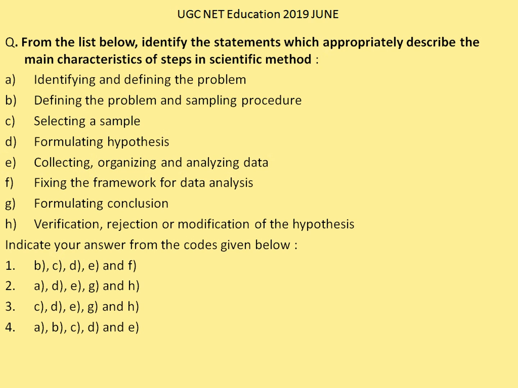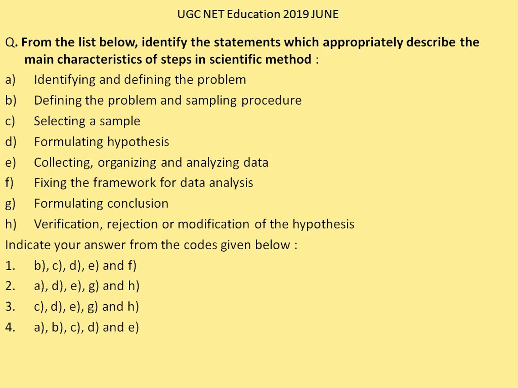Both are more or less the same, but as step 1, A and C are different. In these two codes, option A is identifying and defining the problem and C is selecting a sample. Obviously identifying and defining the problem is the first step of scientific method, so the correct option here will be option 2.